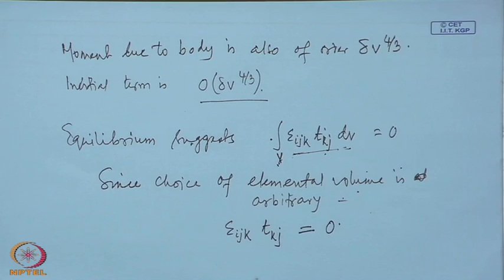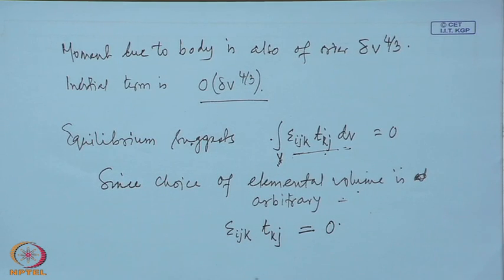and what does it mean? Can you say epsilon I j k t k j equal to 0? Just think about I equal to 1 case. Only I equal to 1, then j and k can be either 2 or 3.